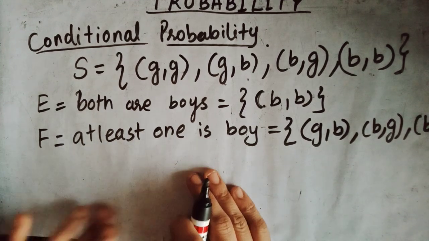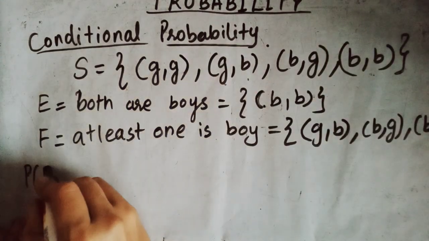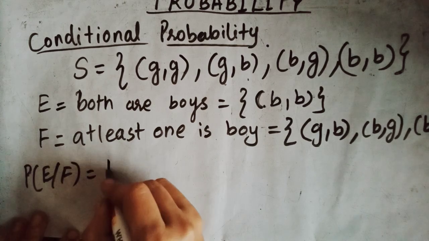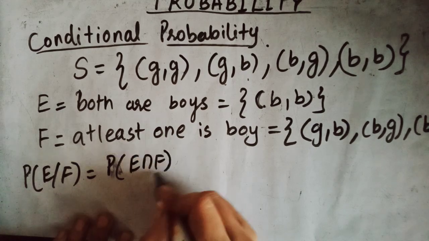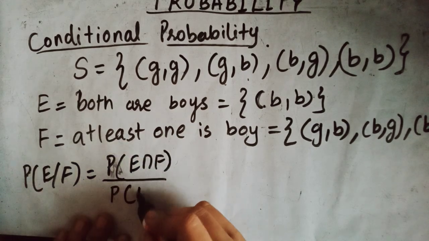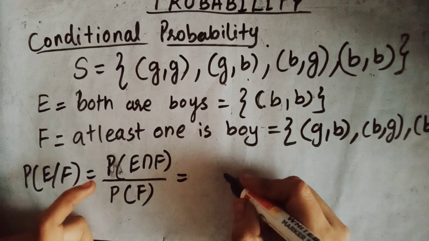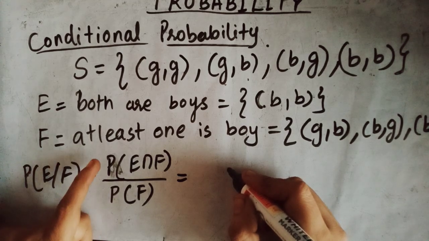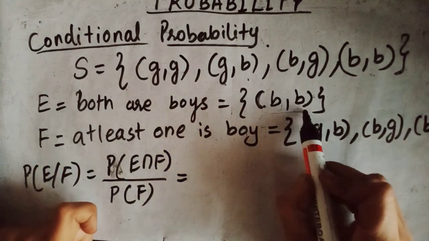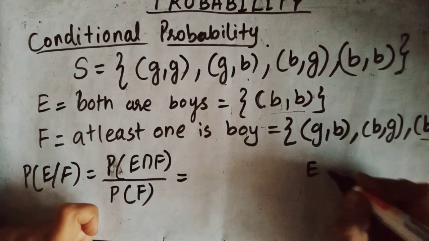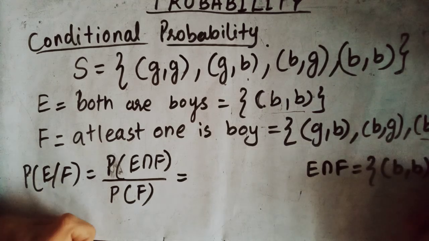Now what we need is P(E|F), which is P of E intersection F upon P of F. What are the elements in E intersection F? Only one element is there, BB, that is both are boys.